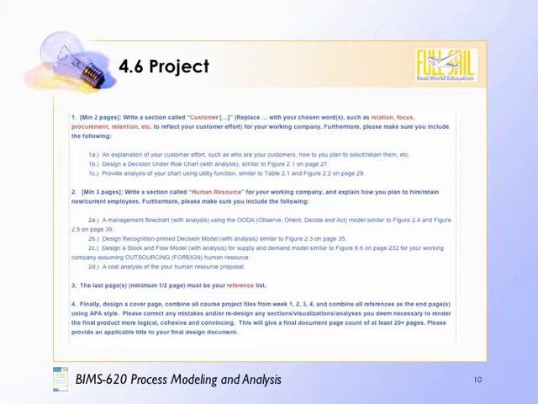Okay, and I want an explanation of your customer effort, what your domain is. Are you trying to solicit? Are you trying to retain? Are you trying to expand to a new territory? I want a decision on the risk on your customer solicitation. It has to be figure 2.5 on page 27.